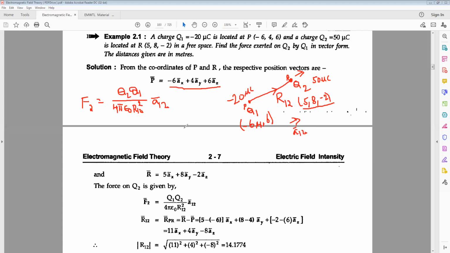Now we can find the distance here, R12. R12 bar is equal to... I'm always saying there is a sending end and a receiving end.